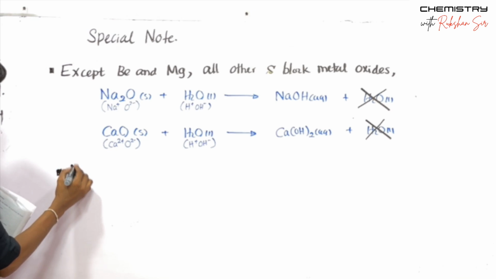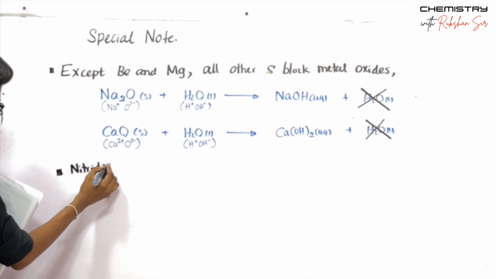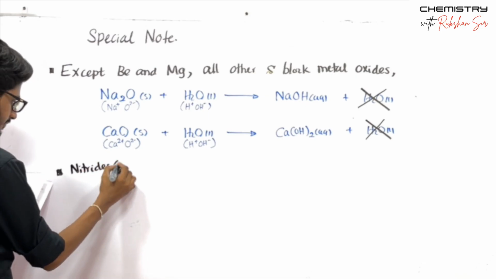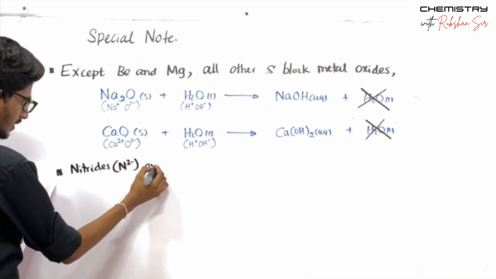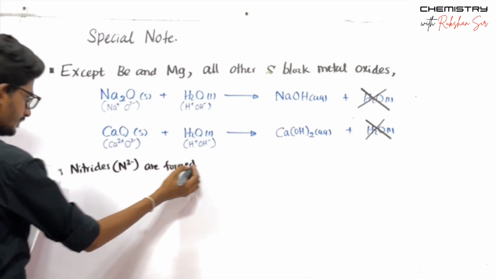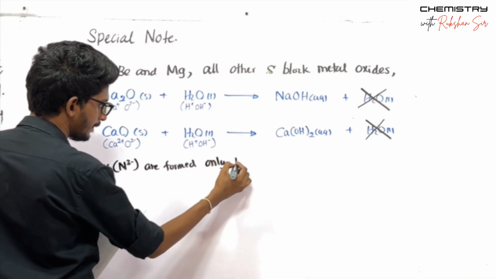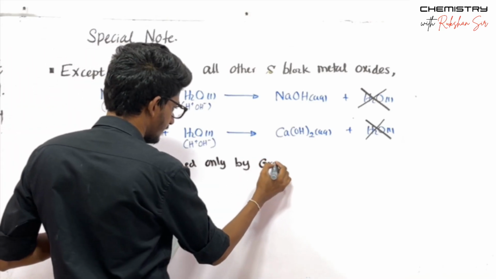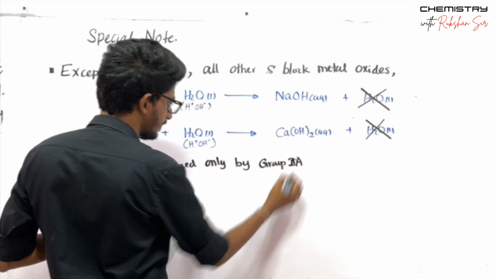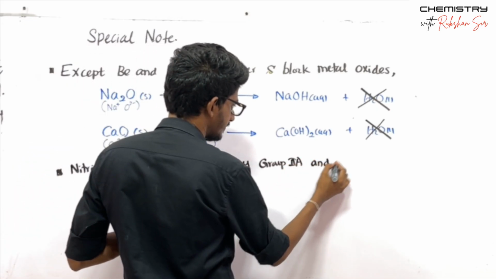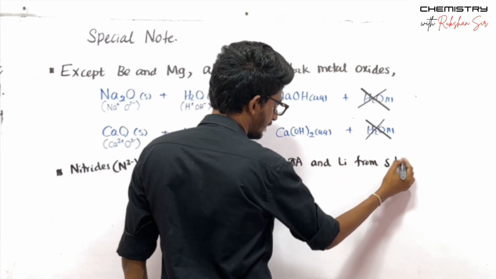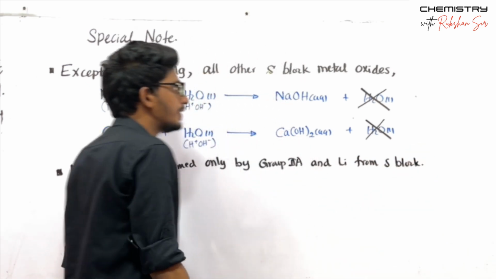So nitrides are normally formed by group 2s and lithium in the group with the group 1, right? Nitrides are formed only by group 2 and lithium from this block, right?